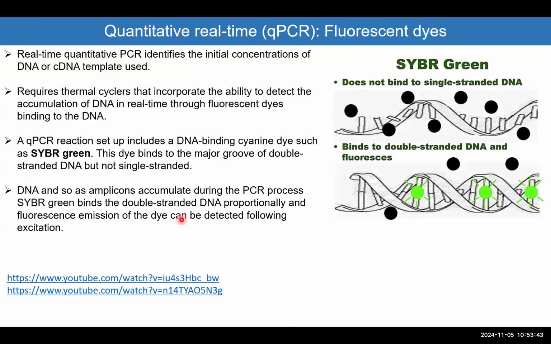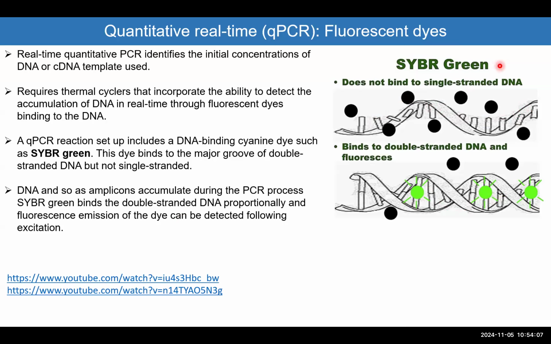Now, the second modification from a regular PCR to a qPCR is the usage of fluorescent dyes. There are two types of fluorescent dyes that we use, and they bind to double-stranded DNA, not to single-stranded DNA.